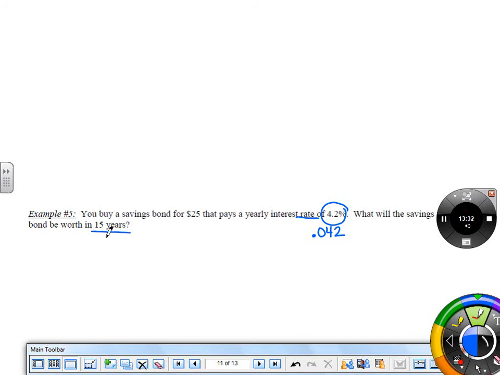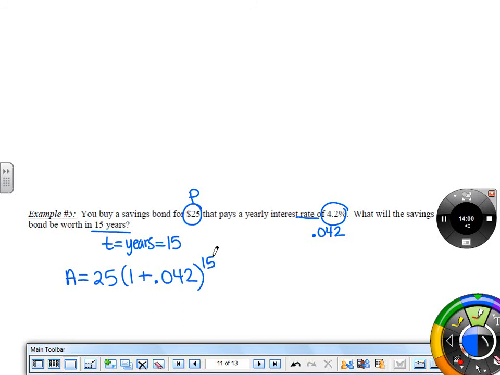So 15 years is the amount of time. And time is always in years in the equation that was given to you. Okay? And then our original amount we bought the savings bond for was $25. So in our equation, to calculate what it's worth in 15 years, we would take that original $25 times 1 plus, because it's increasing in value, 0.042 for the 4.2%, to the power of t, which in this case is 15 years.